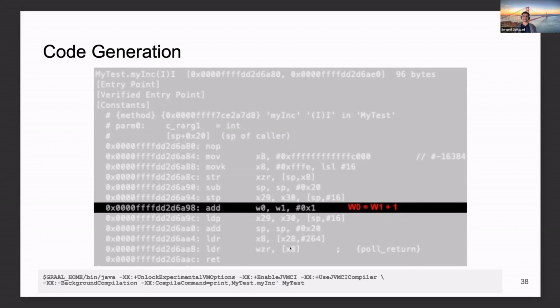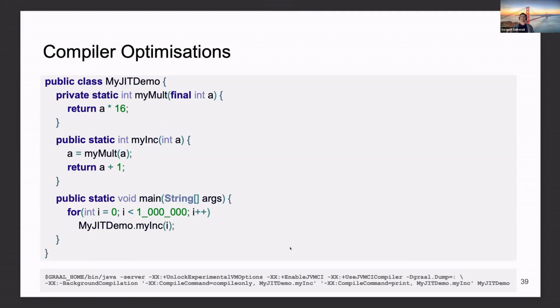If you're interested, you can find me later. But in general, this is our myIncrement method and its assembly. So let's make our example a bit more complicated. Here we have our same myIncrement method called from the main method.